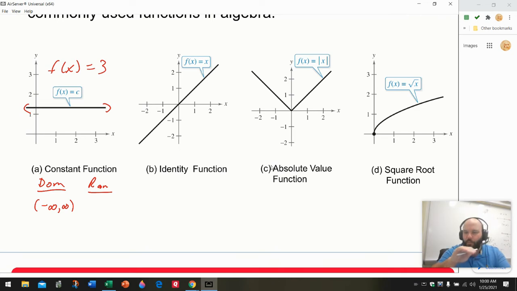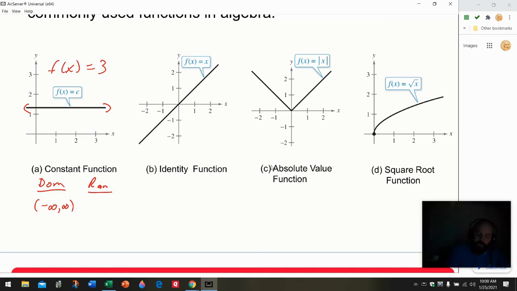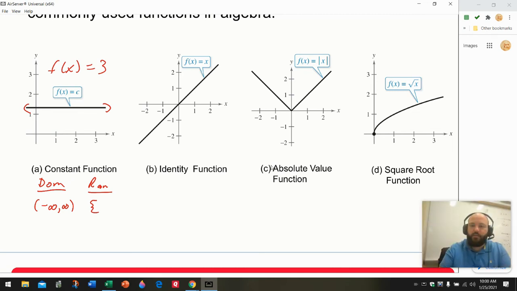It stays at one constant level. That's why it's called the constant function. So the outputs of that function are very dependent on what the constant, the c, is. In general, the domain is negative infinity to infinity, but the range is simply, with squiggly brackets, the number c, and c is whatever the output number is.